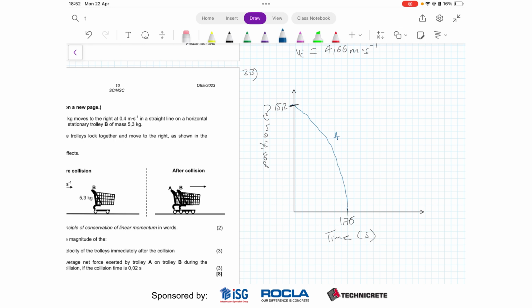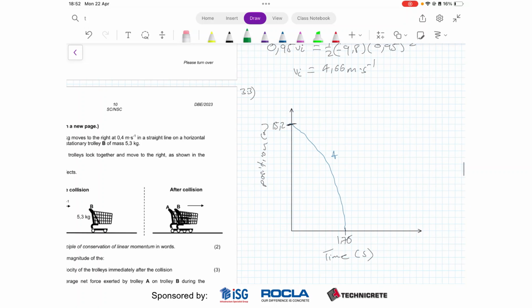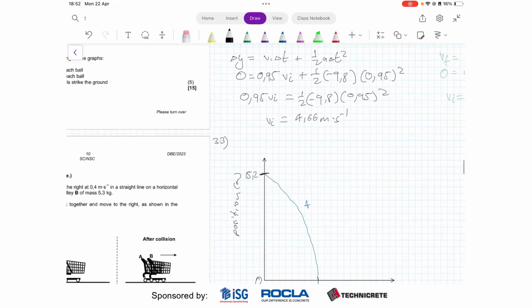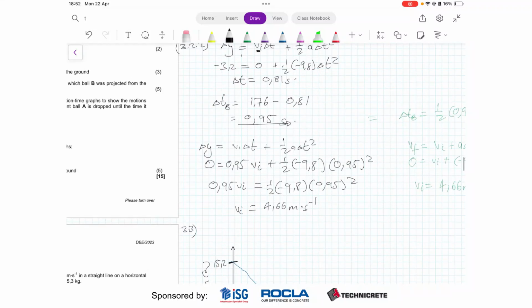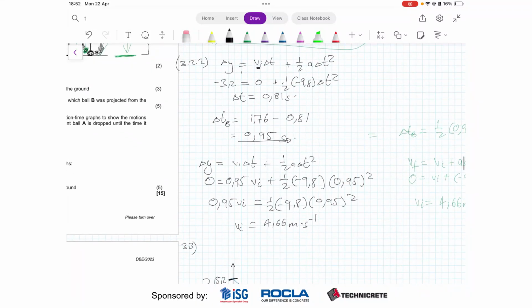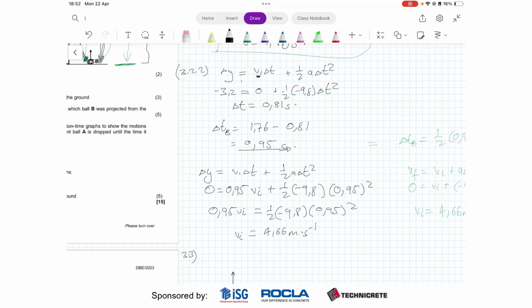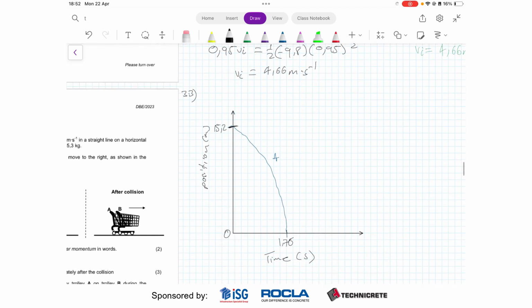Now for B we know it is released from ground position, meaning it's released from the 0 position. Up until, okay, it is moved from the 0 position, and it is released after 0.81 seconds.